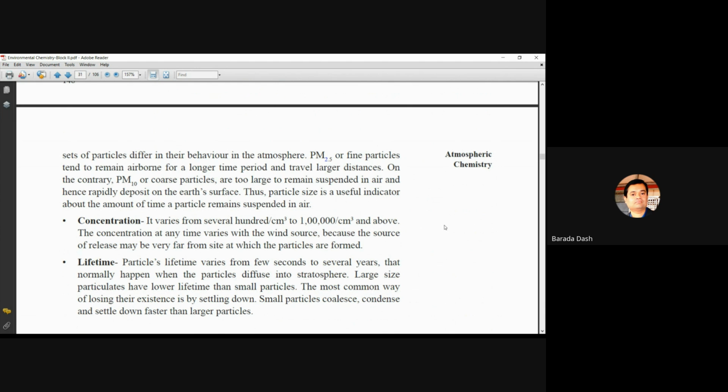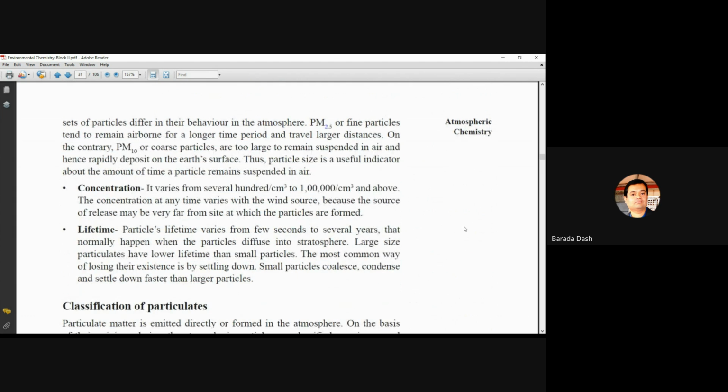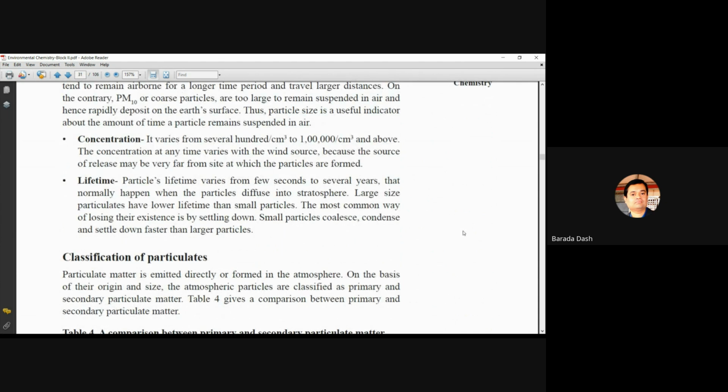Because their settling velocity is lower, smaller particles stay suspended longer, but larger particles have a higher settling velocity and easily come down to the ground, so they cannot stay suspended for a long period. The concentration varies from several hundred per cubic centimeter to 1 lakh per cubic centimeter.